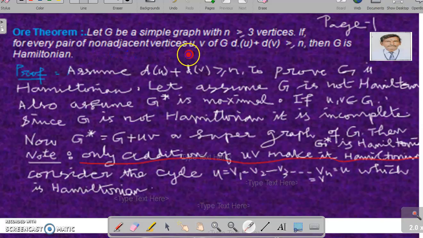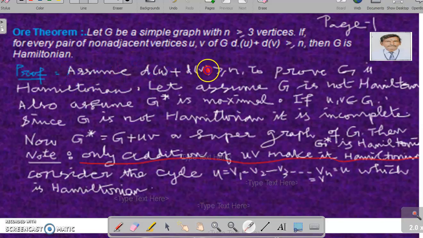That is, if u and v are any non-adjacent vertices in a simple graph G, and if d of u plus d of v is greater than or equal to n, and n is greater than or equal to 3, then G must be Hamiltonian. We know what is Hamiltonian: a Hamiltonian cycle is a path which passes through all the vertices only once, and the initial and final vertices are equal.